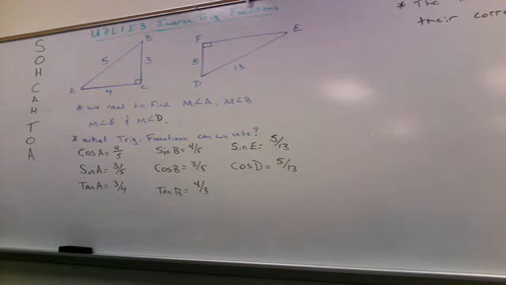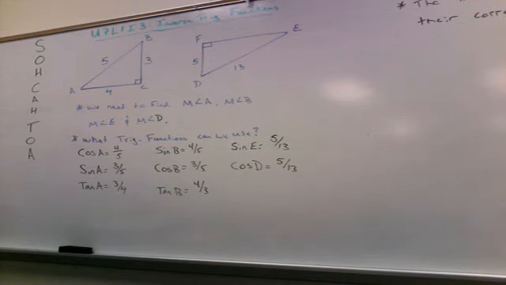Sine -1, cosine -1, tangent -1. So those are the inverses of their corresponding trig functions. Okay? So sine -1 is inverse sine. What will sine -1 get rid of?